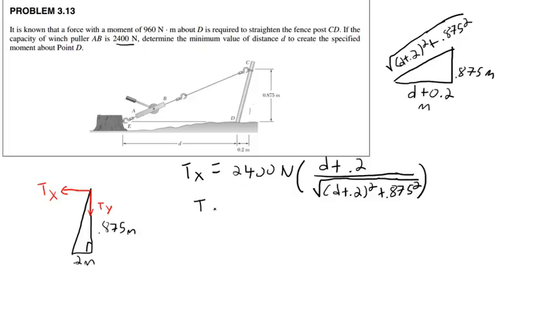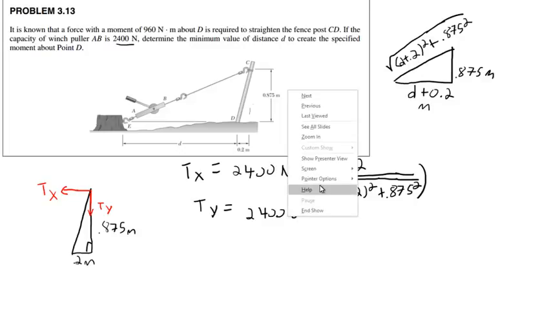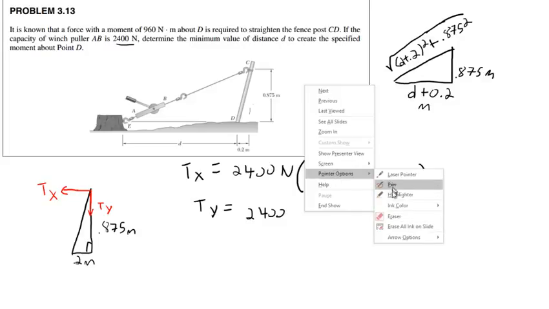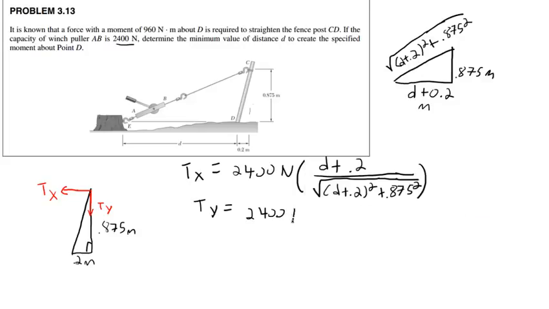And Ty is going to be equal to 2,400 newtons times 0.875 over the root of (d plus 0.2) squared plus 0.875 squared, like so. Realize I'm not paying attention to the positives and negatives on this. I'm purposely leaving out the signs because we're going to take that into account in the moment calculation.